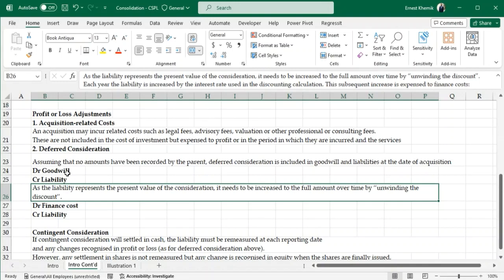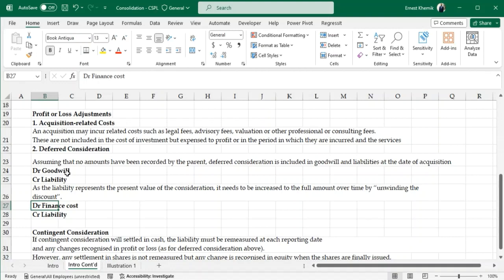In the consolidated statement of financial position, we treat this under the retained earnings, because included in retained earnings is actually the profit for the year. But in this case, the profit for the year is what we are calculating in the consolidated statement of profit or loss. And so we are going to deal with the unwinding of the discount, which is a finance cost, within the consolidated statement of profit or loss as a finance cost.